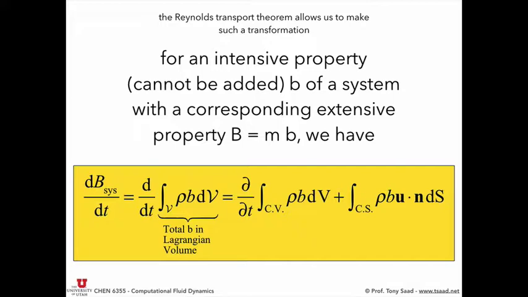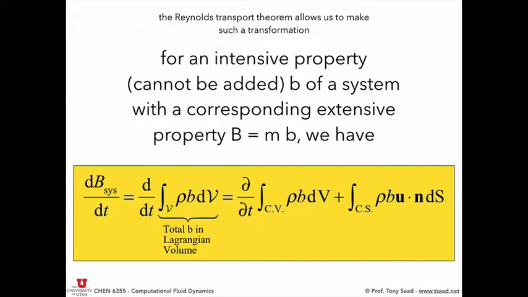So lowercase b is B over m. It's B per unit mass. And really, to be more accurate, b is dB by dm. Okay? So this means that, think of mass again, the total capital B in the entire system is the integral of the intensive version b times delta m, right?